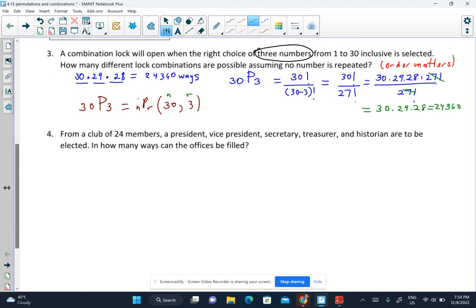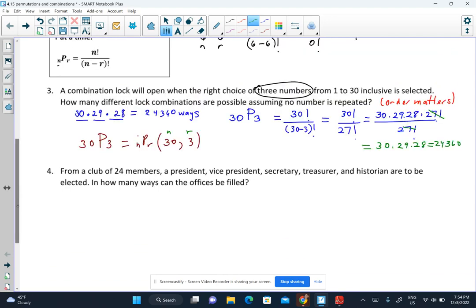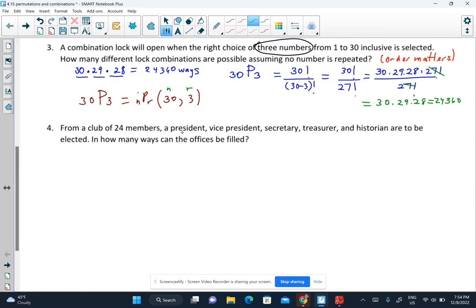Number 4. From a club of 24 members, a president, vice president, secretary, treasurer, and a historian are being elected. In how many ways can the offices be filled? So here, because the order of the committee members matters, like who is president, who's vice president, and so forth, there's a different responsibility depending on what position you are.